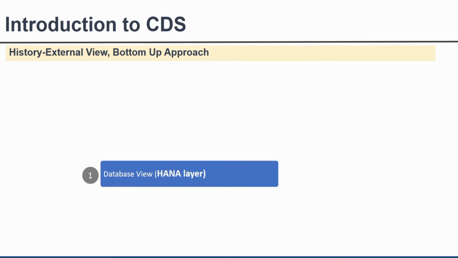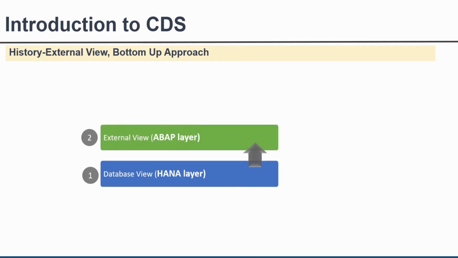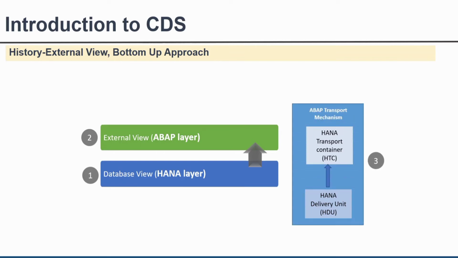First, the HANA database view is created. Next, the external view in the ABAP layer is created. And for transportation or lifecycle management, HANA delivery unit along with HANA transport container are used.